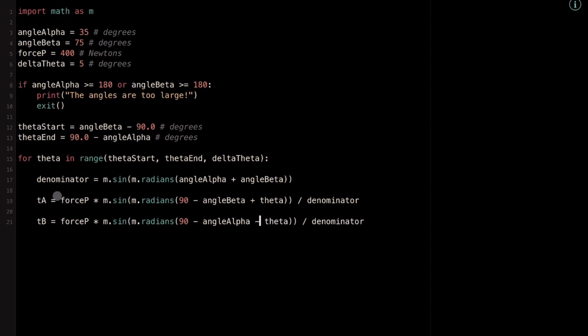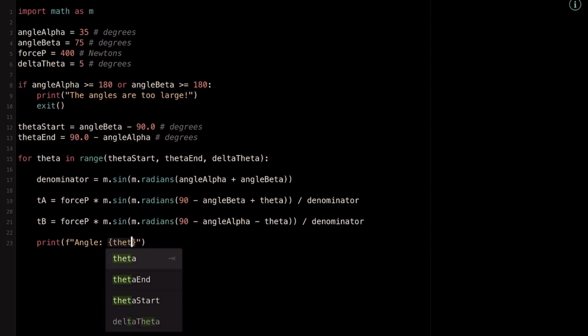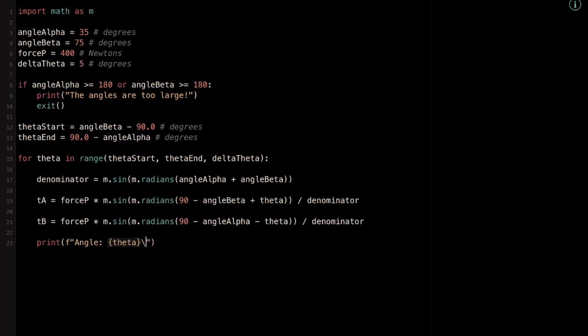So what this is going to do is give us values of TA and TB. And we could just quickly print something to the console. We could say something like, the angle that we're iterating over right now is that angle theta, and then I'll do a new line character.